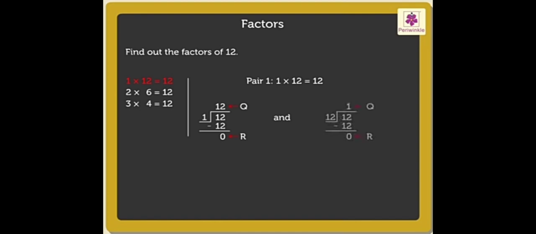And when we divide 12 by 12, we get the quotient as 1. In both the cases, the remainder is 0. Thus, it means that 12 is divisible by 1 and 12.